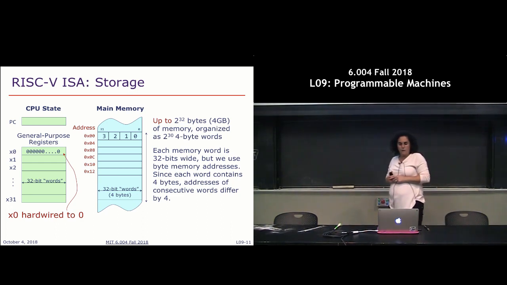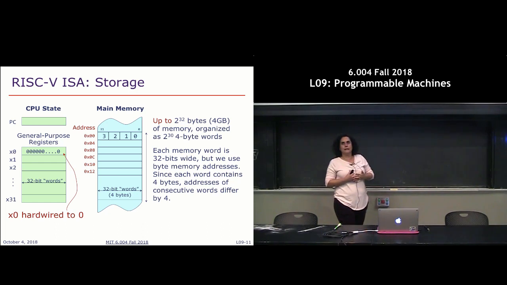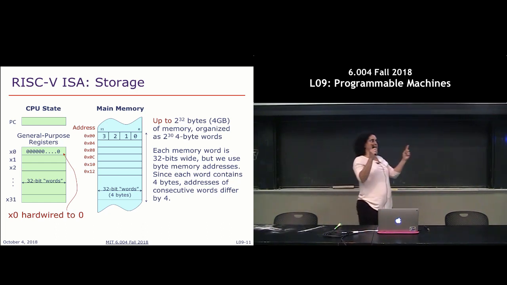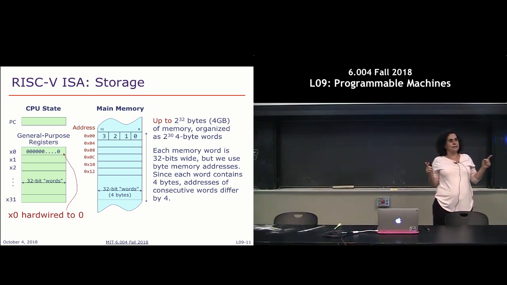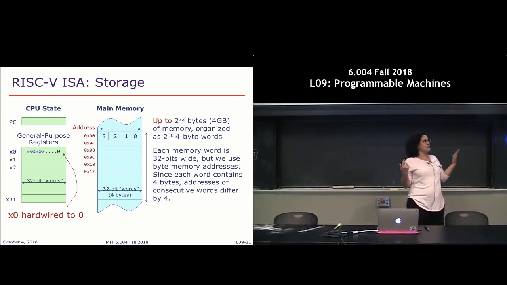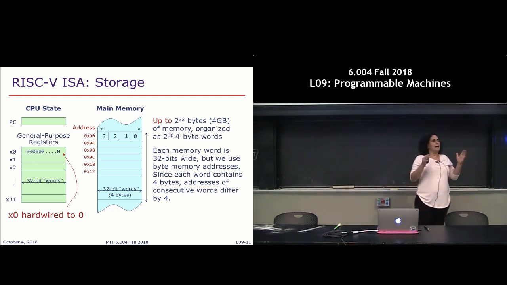All right, and how much memory do I have here? Again, our addresses are also going to be 32 bits wide. So if I have 32 bits of address, that means that I can access 2 to the 32 locations. Now our addresses, for historical reasons, are byte addresses.